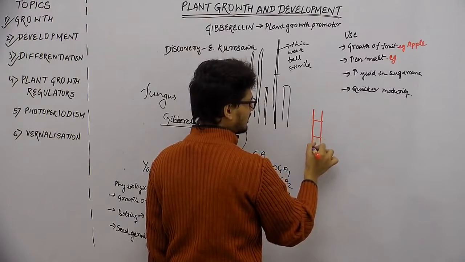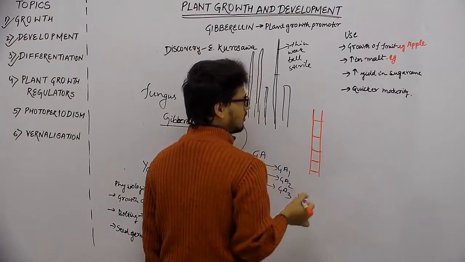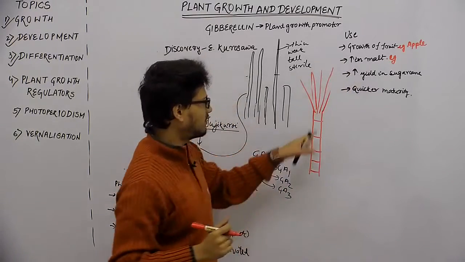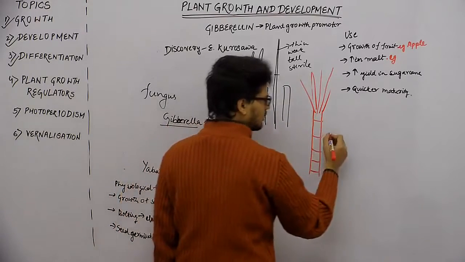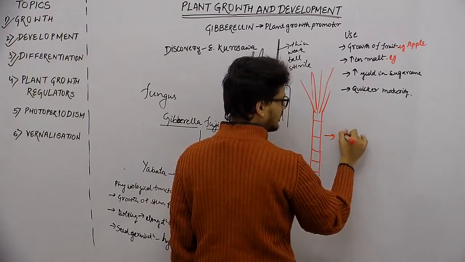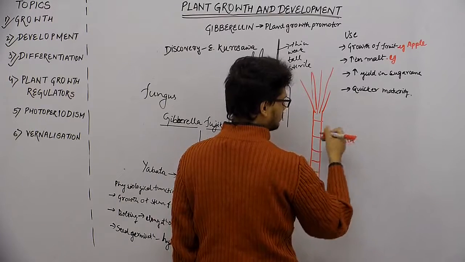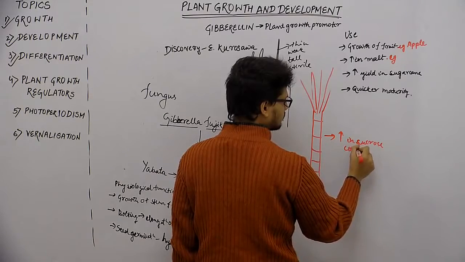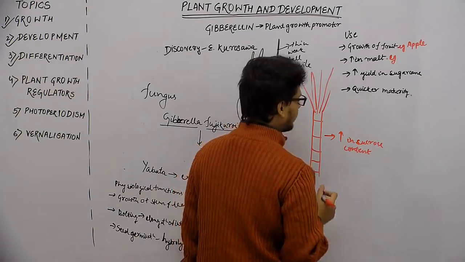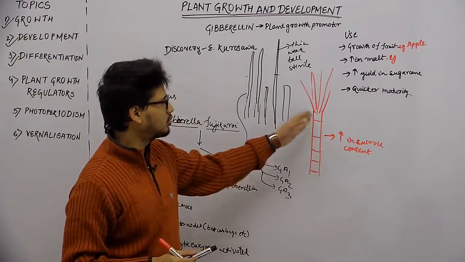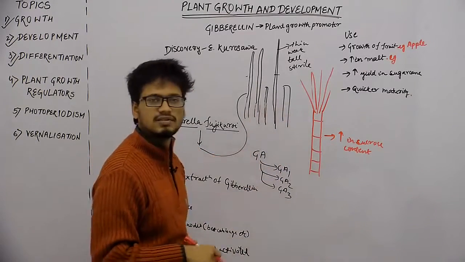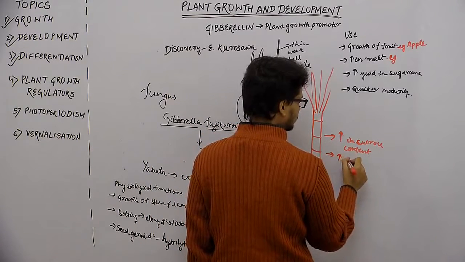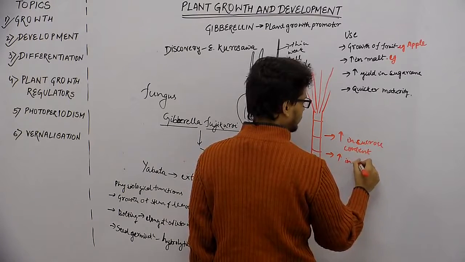Because as the length of the plant increases in the case of sugarcane, it will translate to an increase in the sucrose content of the plant, because of which productivity will again increase.